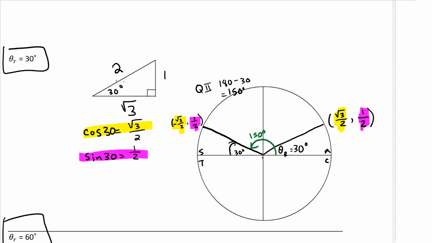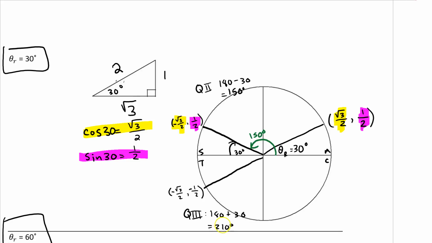What about in quadrant 3? That's going to be 180 plus 30. 180 plus 30 is going to be 210 degrees. So the number bits are going to be the same, root 3 over 2 and 1/2, but only tan is positive in the third quadrant, so we know that both sine and cosine are going to be negative.